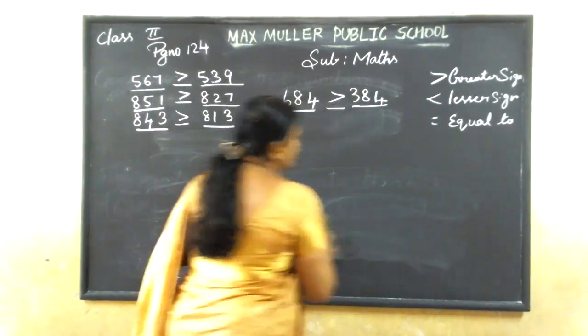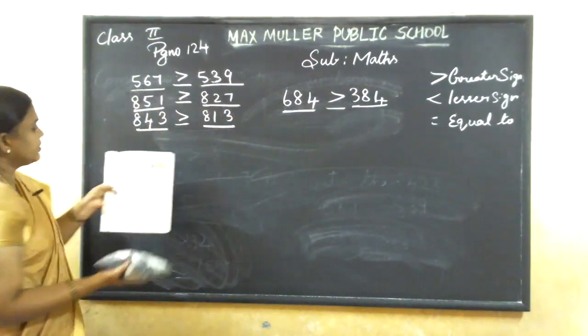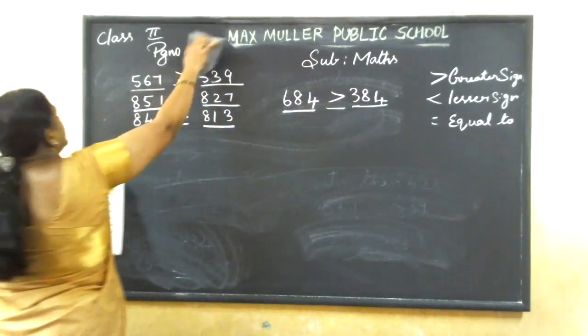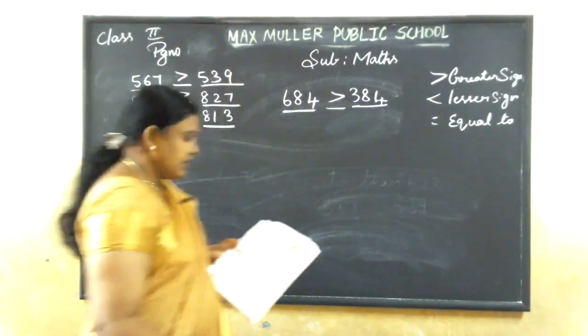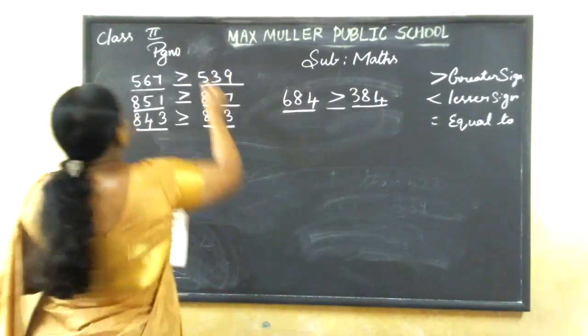See, we already learned 2 digits, children. Now we'll learn 3-digit numbers.